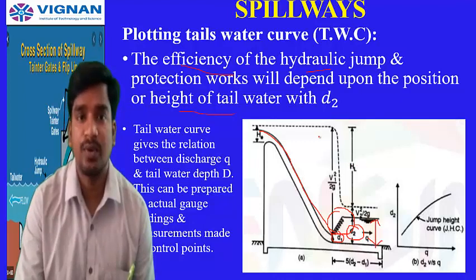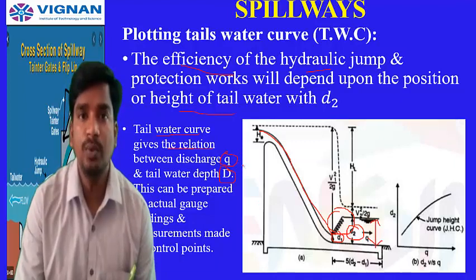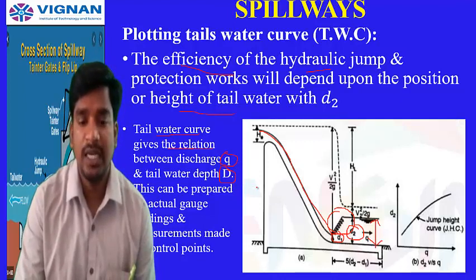So how to overcome this problem? The tailwater curve gives the relation, as we have discussed, between the discharge Q and the tailwater depth D, capital D, that we are considering here. To draw the jump height curve, these two are required.